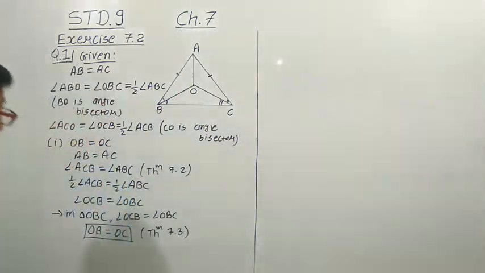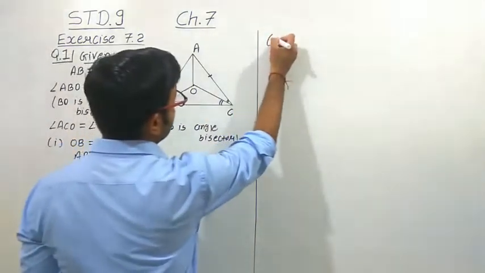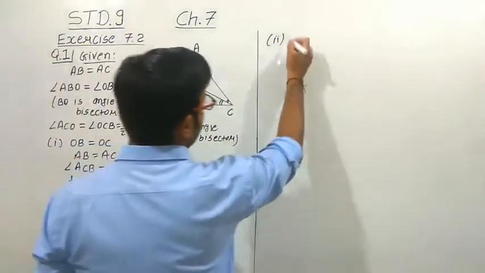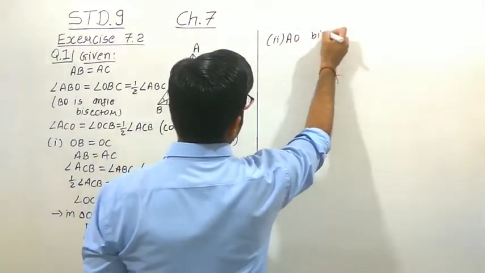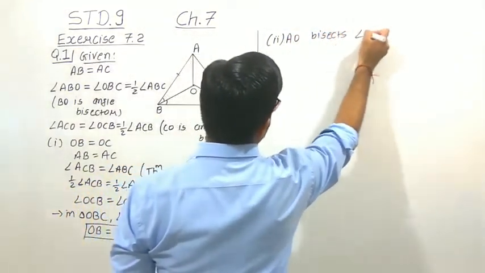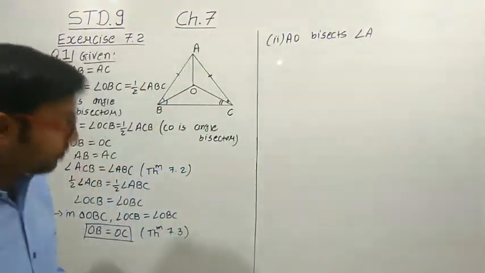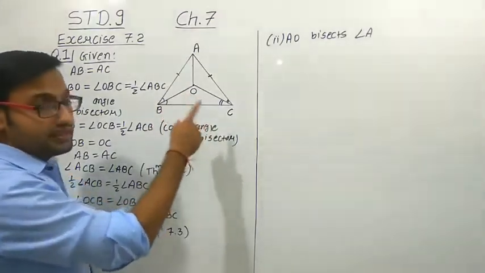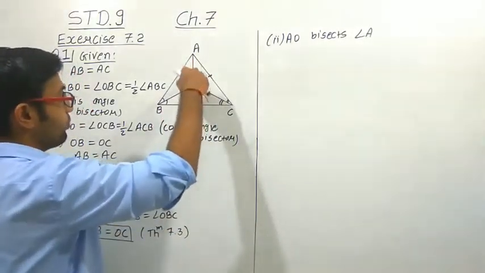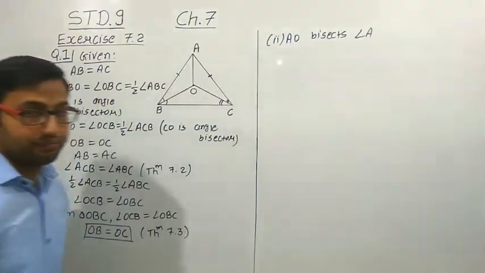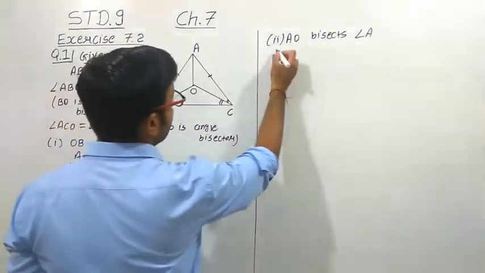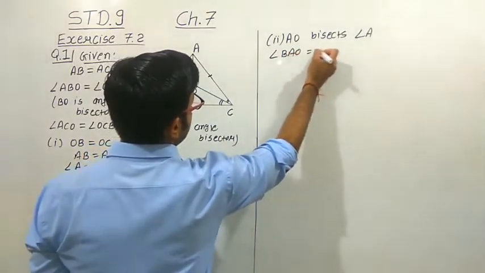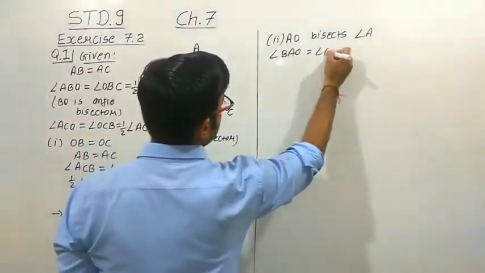One more thing we have to prove is that AO bisects angle A. Now, it is given that BO bisects angle B and CO bisects angle C. We have to prove that AO also bisects angle A. That means we have to prove that angle BAO is equal to angle CAO.